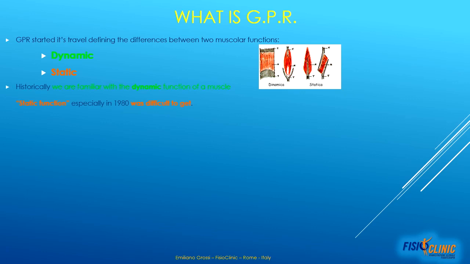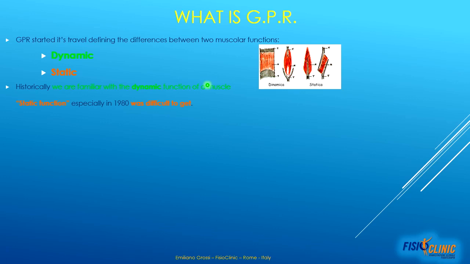The first achievement of RPG was to study the static function. RPG started by defining the differences between two muscular functions, the dynamic function and the static function. Historically we are very familiar with the dynamic function of a muscle, the one that we find in every anatomy book.